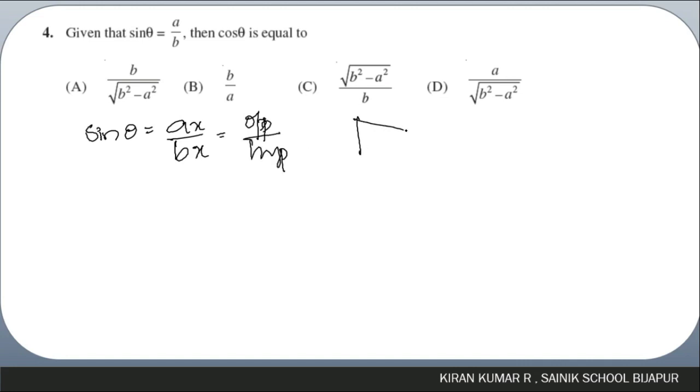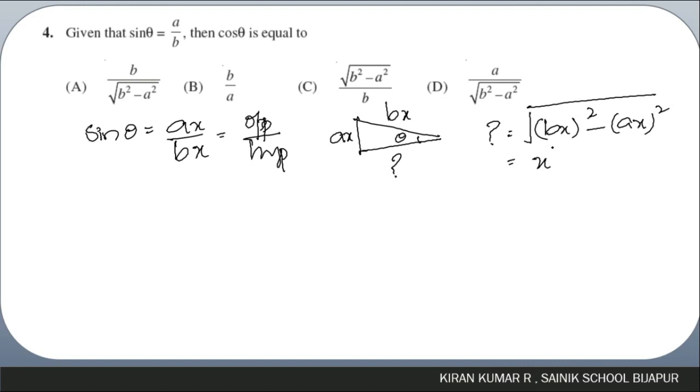If I consider a right angle triangle in which theta angle is there, AX is opposite side, BX is the hypotenuse, I need to find the adjacent side. So the adjacent side will be equal to square root of BX whole square minus AX whole square.